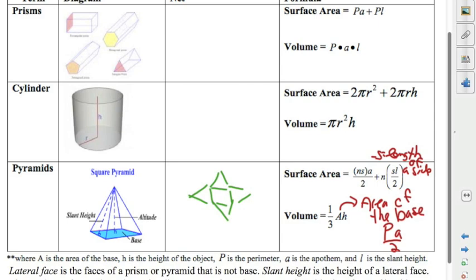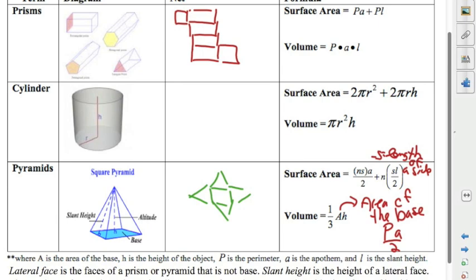Okay, so let's go back to the prism. For, let's say, a square-based prism, the net looks something like this. You can just start with the square.